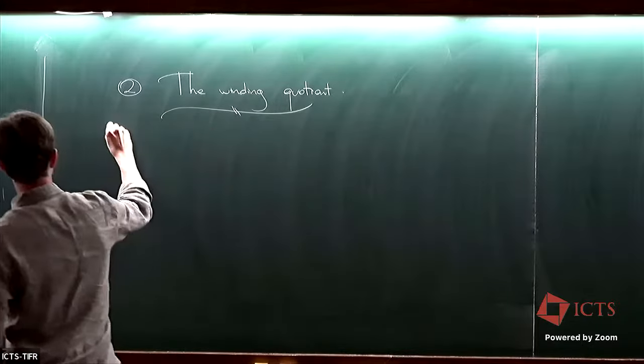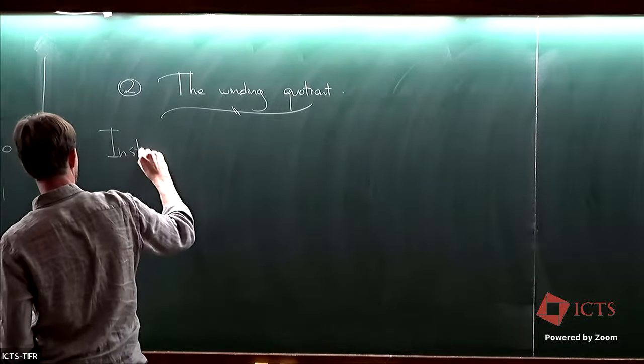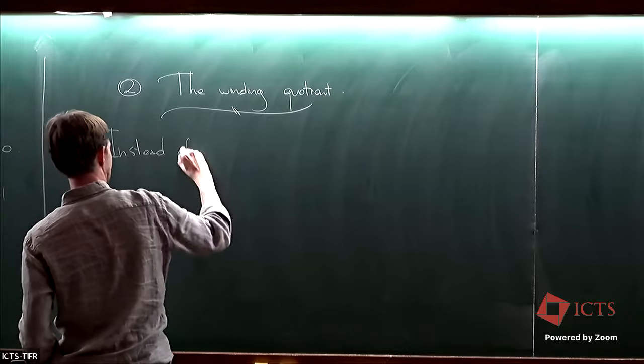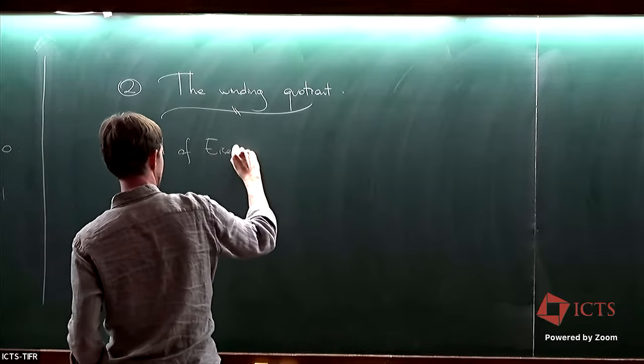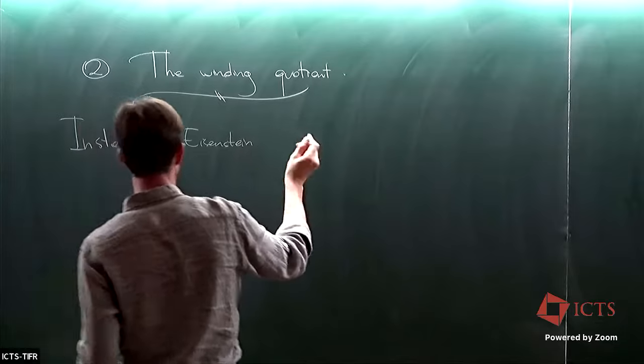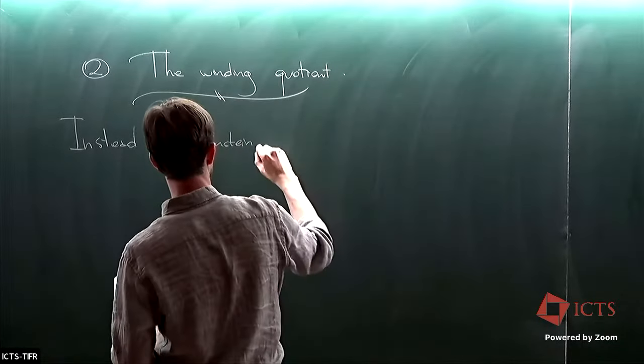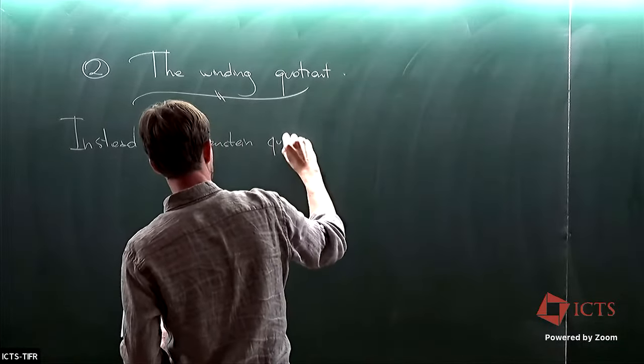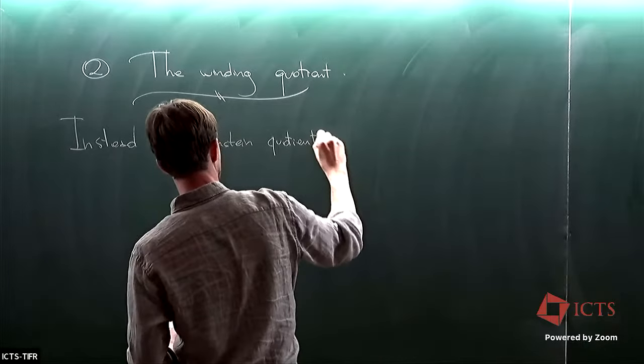So instead of Mazur's Eisenstein quotient, which I didn't really define for you, maybe in words, but not really exactly, you could have taken a different one, which is also quite easy to define.